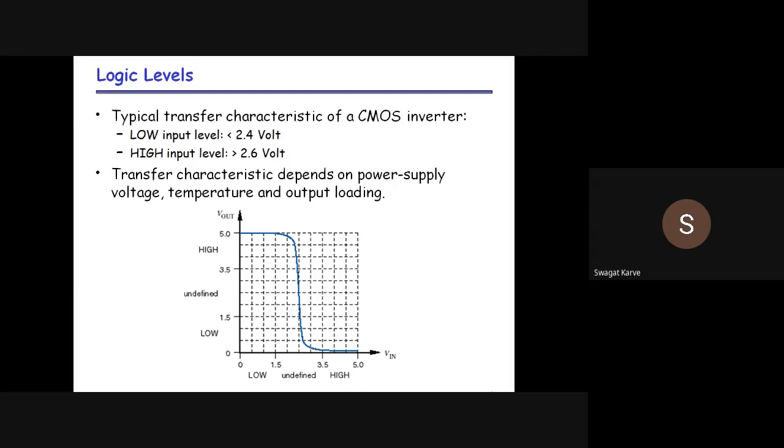So basically these logic levels depend upon three major factors: your power supply voltage, its temperature, and the output loading. That means what kind of load. There are different types of loads. Some are resistive loads, some are capacitive, there are inductive loads, right? So depending upon which load the circuit has to drive, different logic levels can be decided, right?